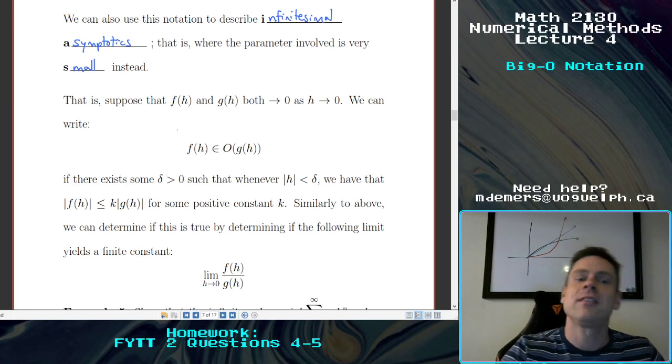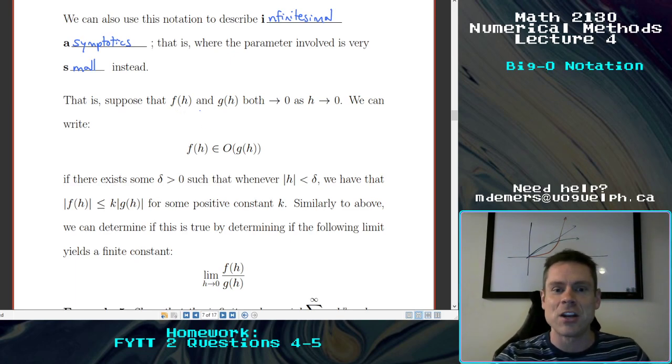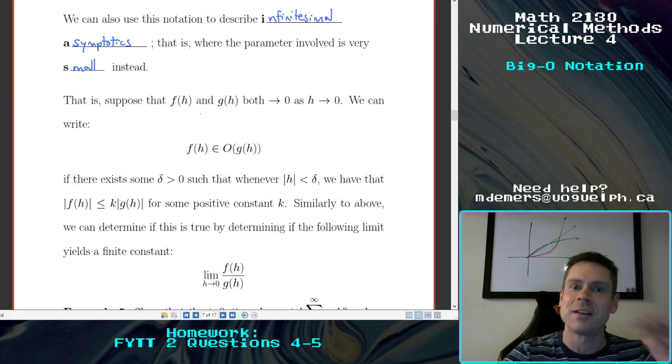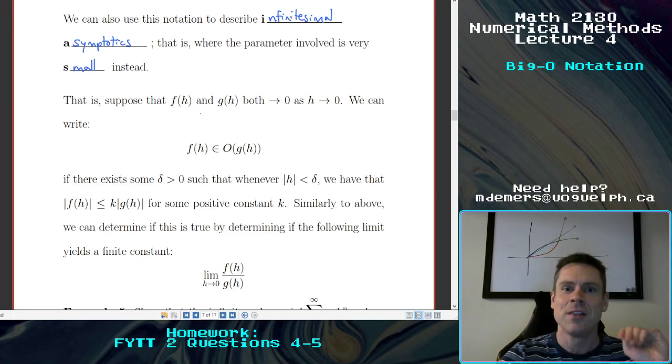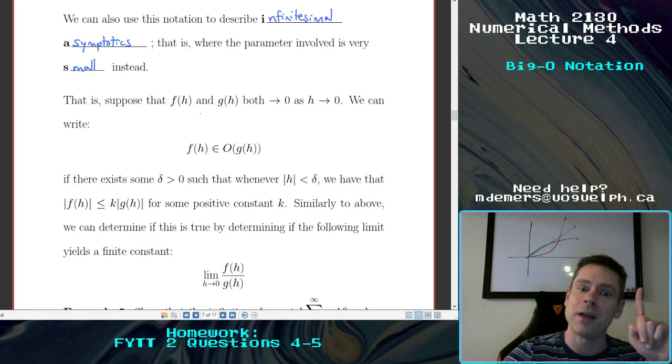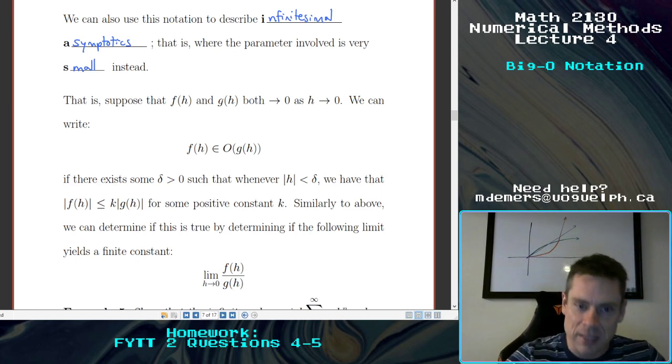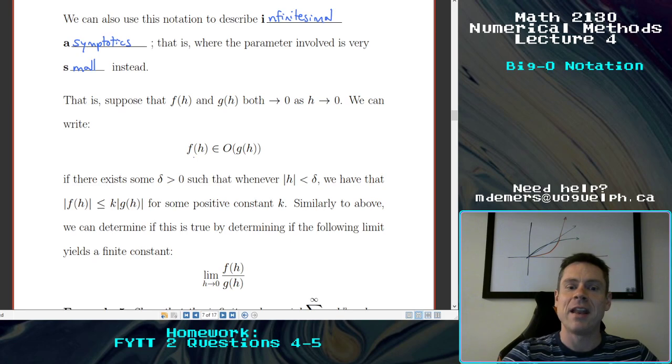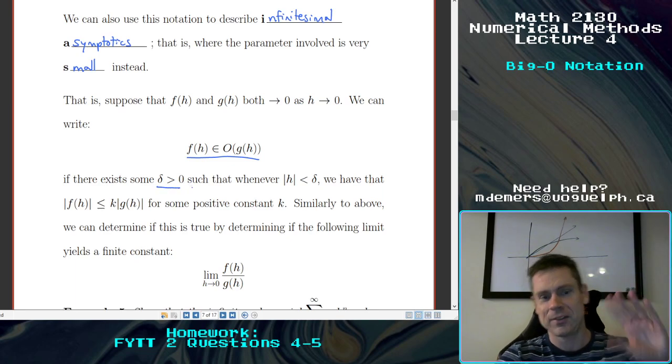So let's put this together in a definition, but it really doesn't make a big difference. It's pretty much exactly the same definition as what we did above. The only difference is this. We have that f of h is on the order of g of h if there exists some delta. Looks a little bit scary, but don't worry.